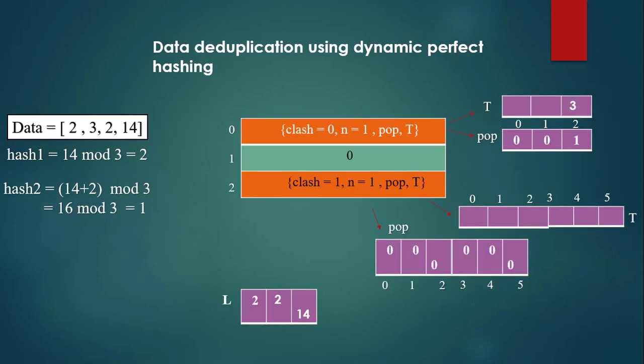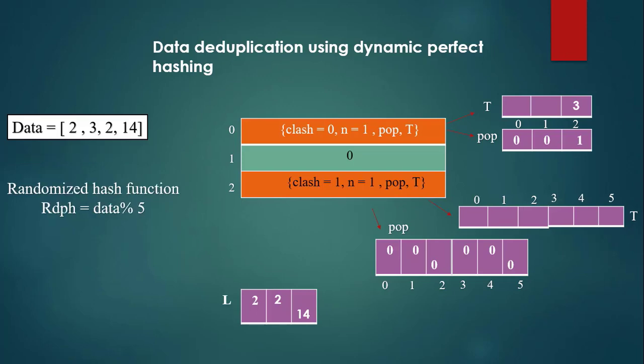We will double the size of the T array, and we will also double the size of our popularity count array, and we will use a randomized hash function to put the data from our temporary array into our subarray. First of all, we use 2 mod 5 = 2, so we put 2 there and increase the same index by 1.